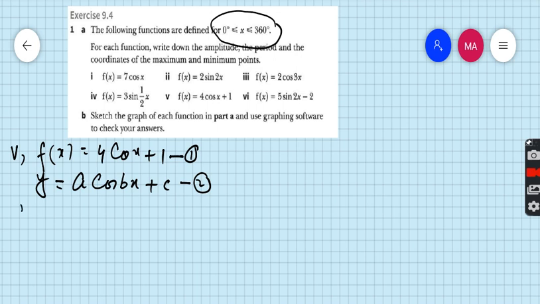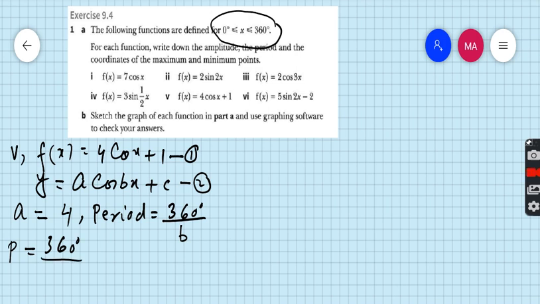Now compare both the equations, you will get the amplitude is 4 and period is 360 degree upon b. Here b is the coefficient of x, and in the question the coefficient of x is 1, therefore the period is 360 degree.